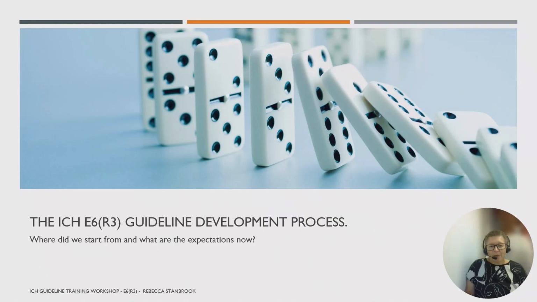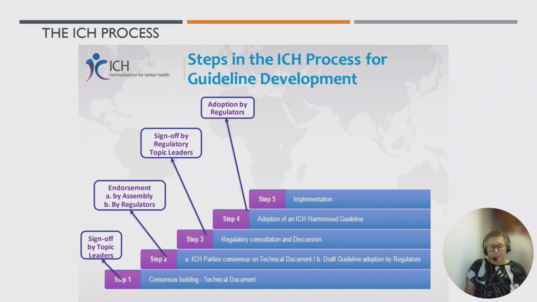So let's talk about the development process. Where did we start from and what are the expectations now? Just a brief reminder about the ICH process. You'll know that it comes in 5 steps.